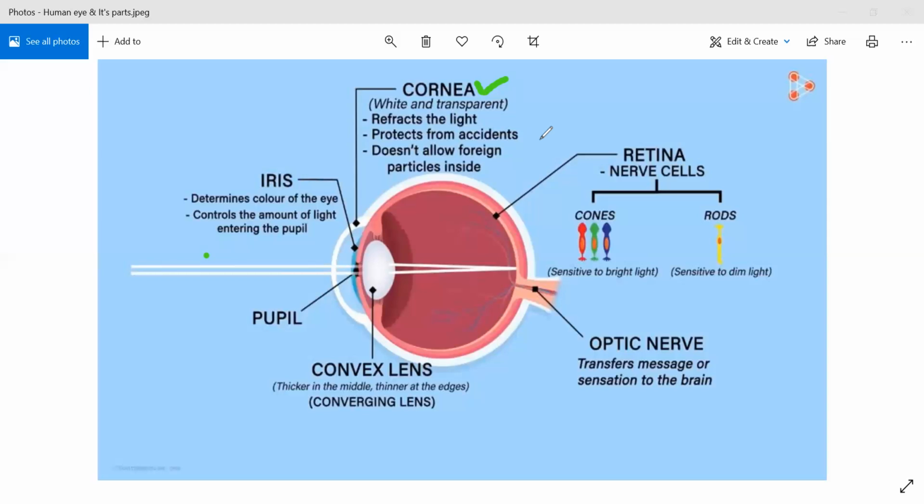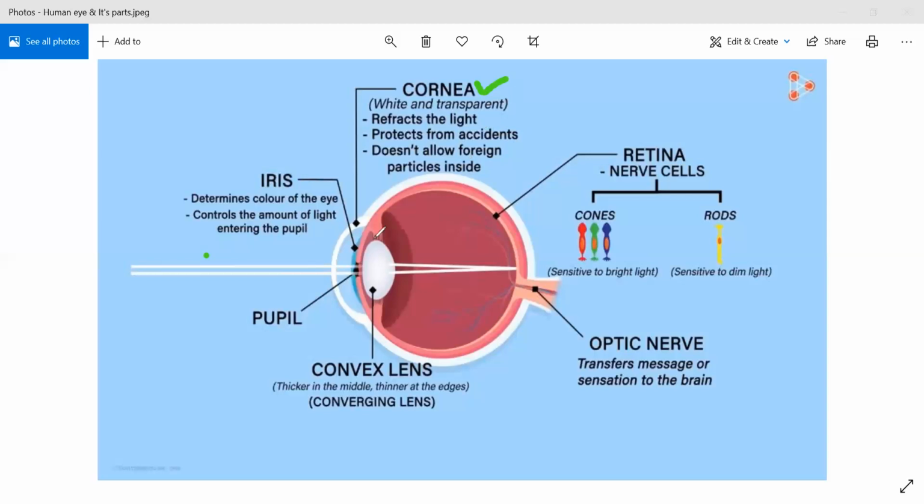Moreover, the cornea doesn't allow any foreign particles, like dust or fog, into our eye, right? So these are the functions of the cornea.